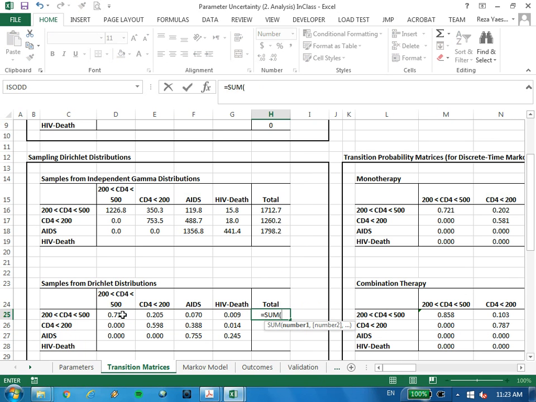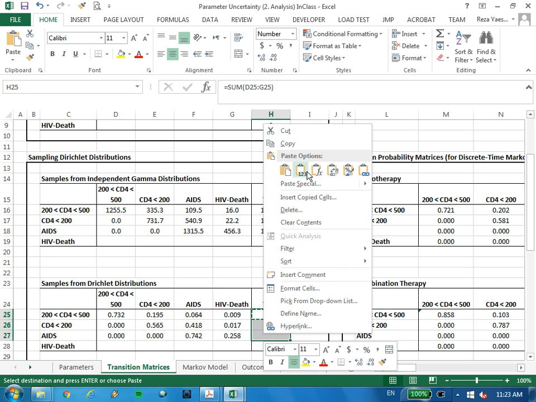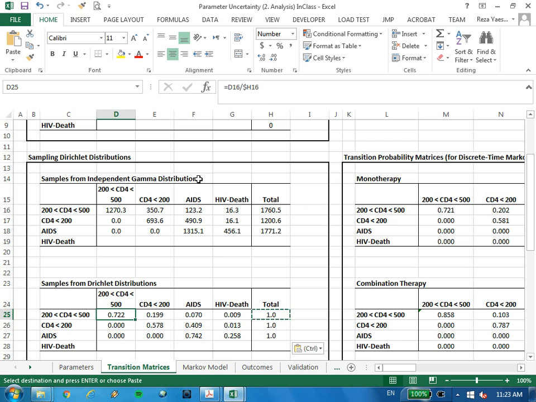Now let's make sure that these sums are 0. Okay, all right.